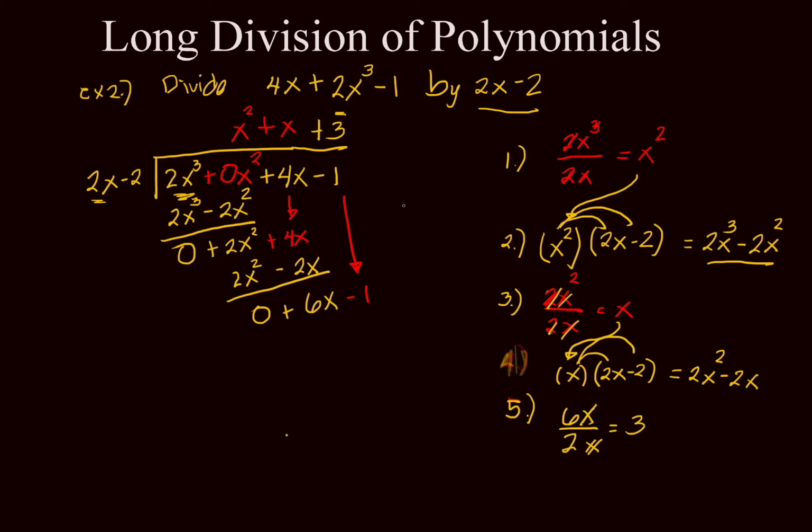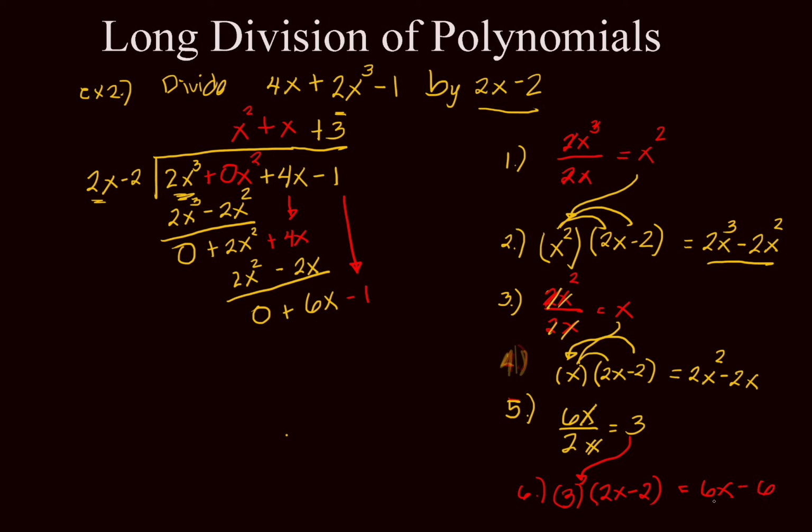And our next step is, again, we're just going to use our quotient and multiply that to our divisor, which is just 2x minus 2. So guys, you now have 3 times 2x. That will just give us 6x. 3 times negative 2 will just give us a negative 6.